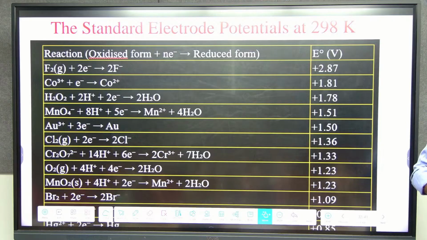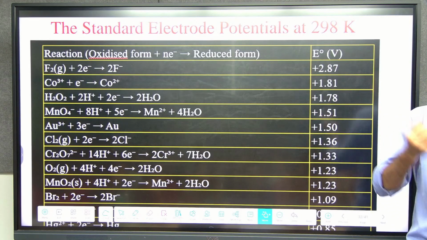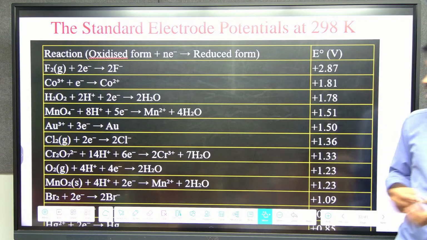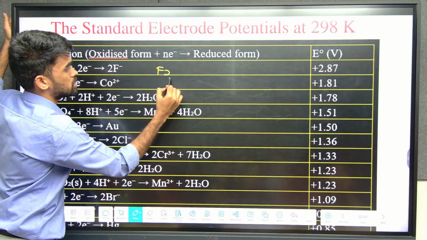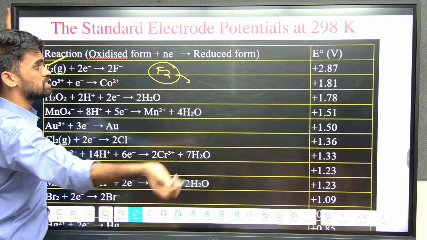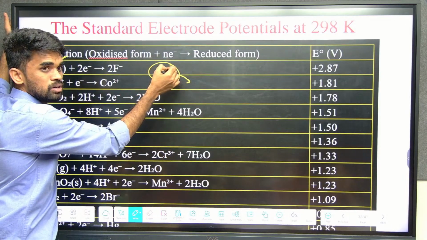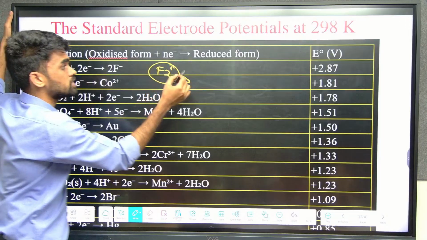So the species which has more tendency to undergo reduction in the complete table is fluorine. F2 has more tendency to undergo reduction, which means the species reacting with it will become oxidized. So I can say F2 is a strong oxidizing agent.